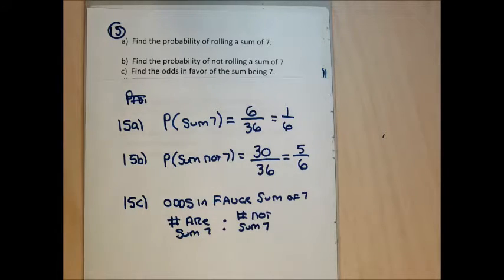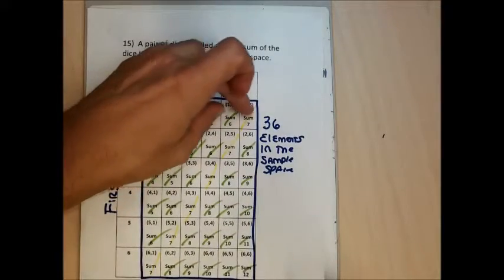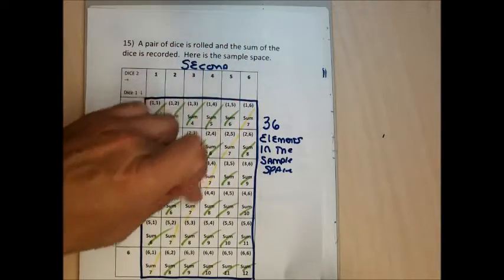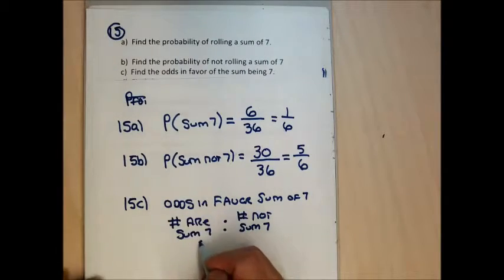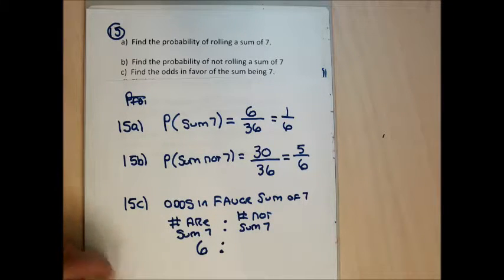And I have those numbers so nicely here because right here there are 1, 2, 3, 4, 5, 6 items in my sample space that are a sum of 7. So the first number I'm going to write is a 6 for the 6 elements in my sample space that are a sum of 7.